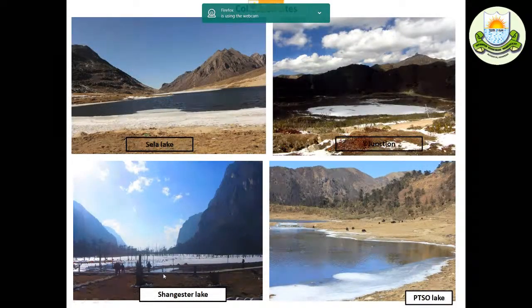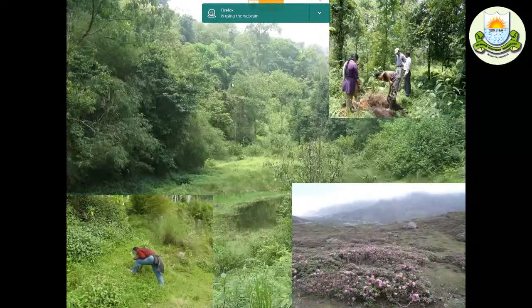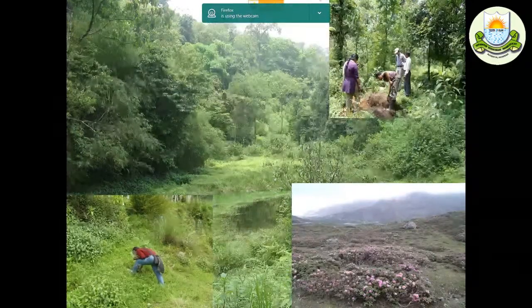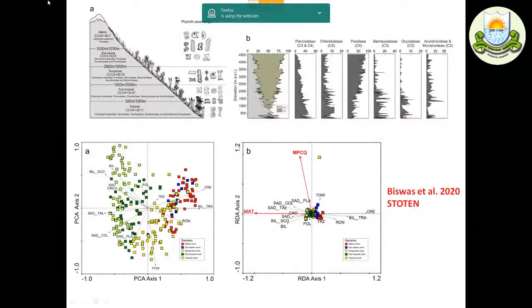Look, these are the alpine or subalpine zones of the Himalaya, and we also have temperate and subtropical zones. This is the schematic representation of the grasses along the rising elevation of the Himalayan mountain, and we found this on the basis of surface soil samples.